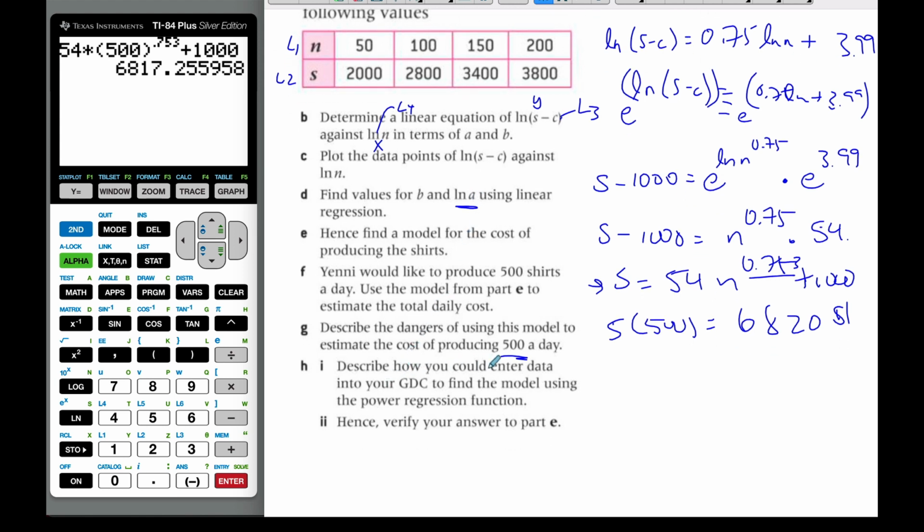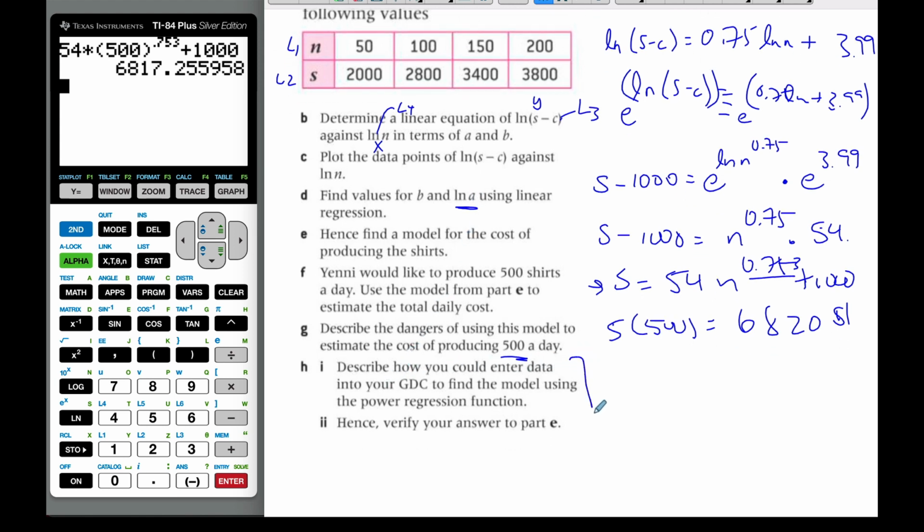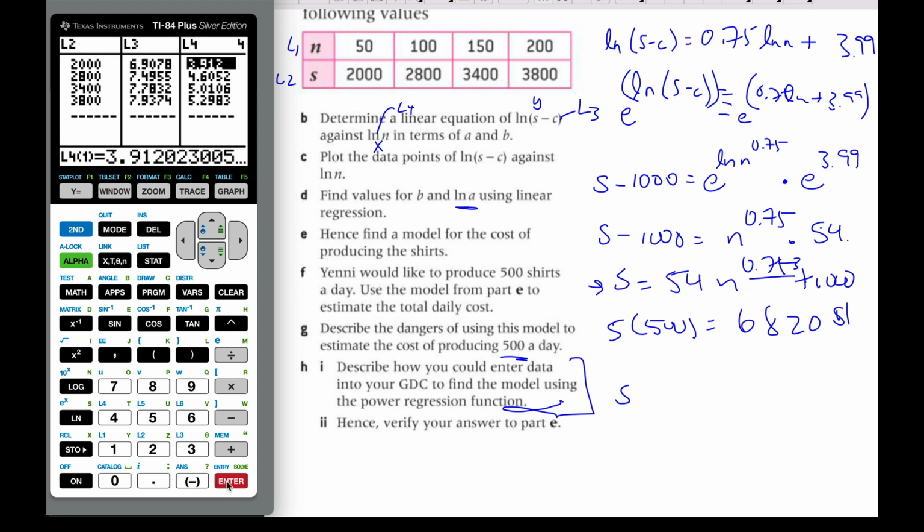Then finally, describe how you would enter the data using your GDC to find the model using the power regression function. The power regression function does not deal with the asymptote. So we're going to have to go to my statistics, edit, and delete these here: clear, enter, clear, and enter.